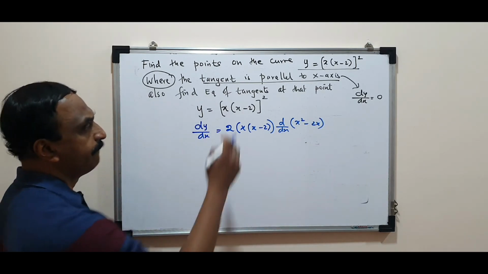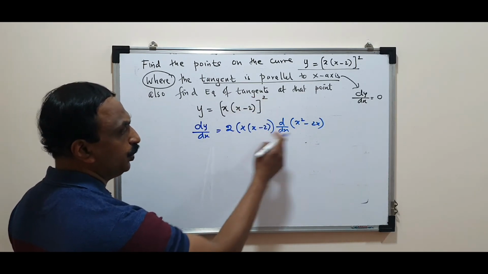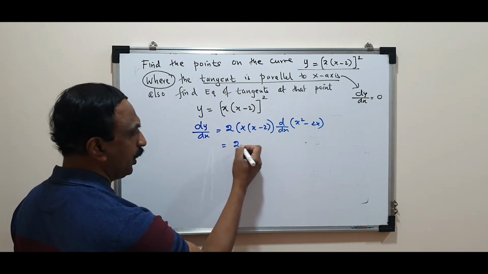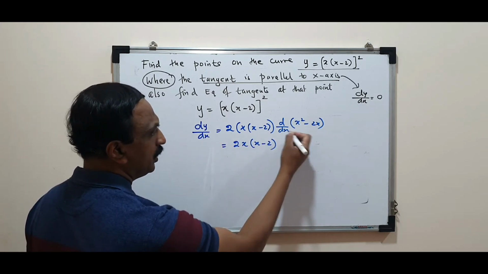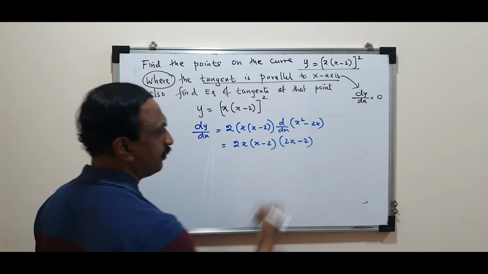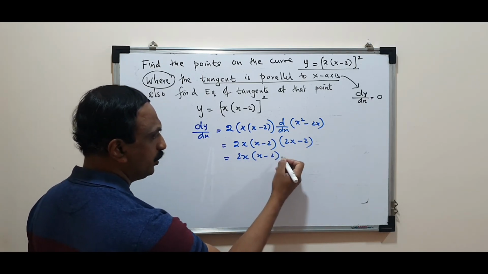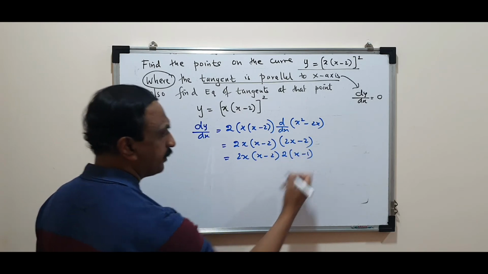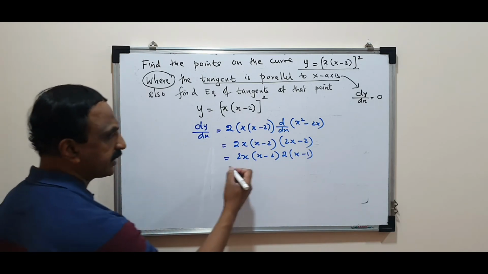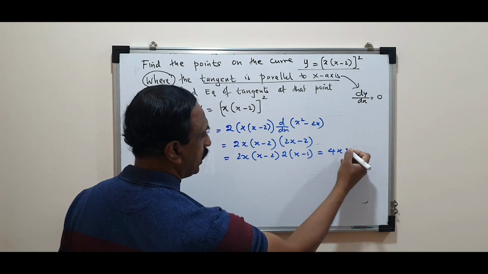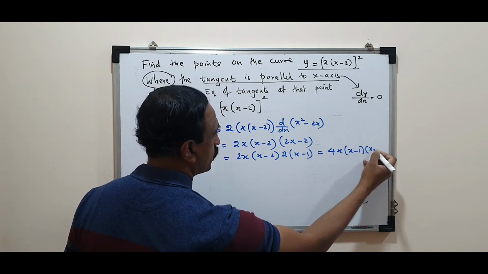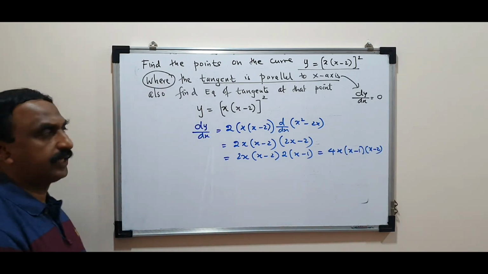I hope you understood: u square derivative is 2u times derivative of u. That is 2 into (x minus 2) into (2x minus 2). I can take a 2 more common: 2 into (x minus 2), and if I take common, (x minus 1). Now I can write this as 4x into (x minus 1) into (x minus 2). This will be the derivative.